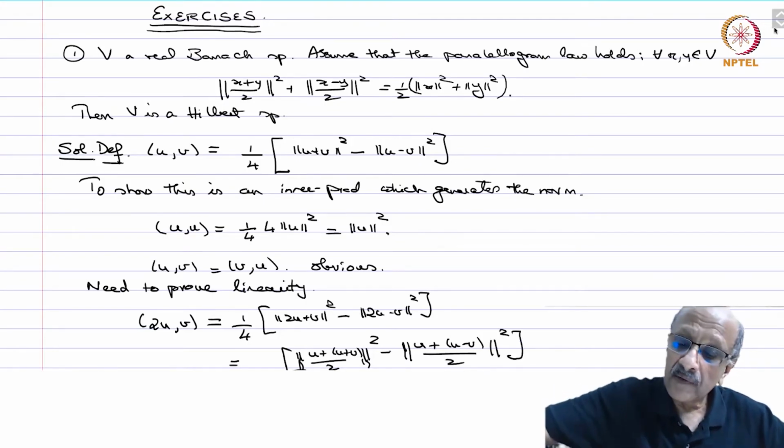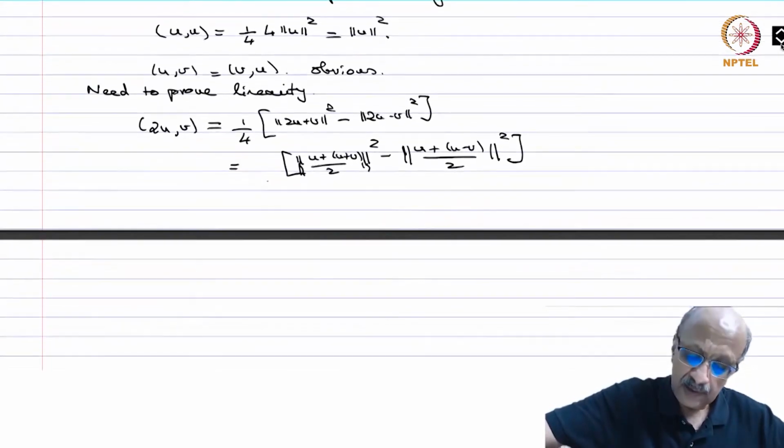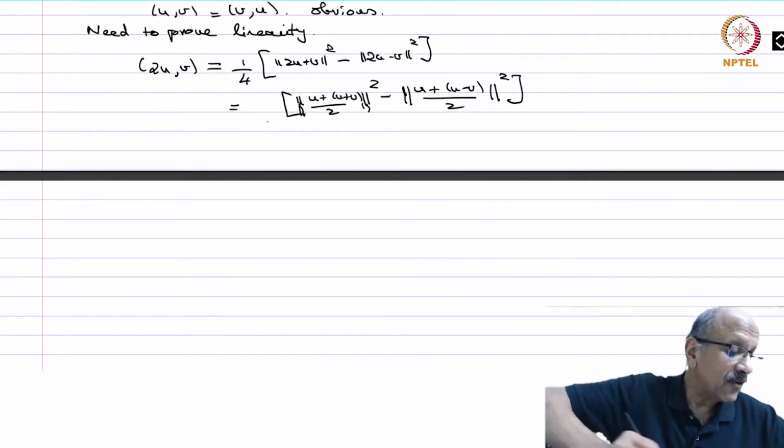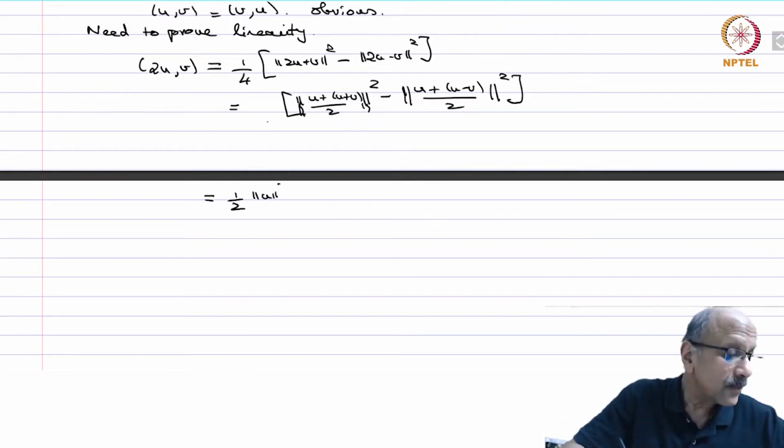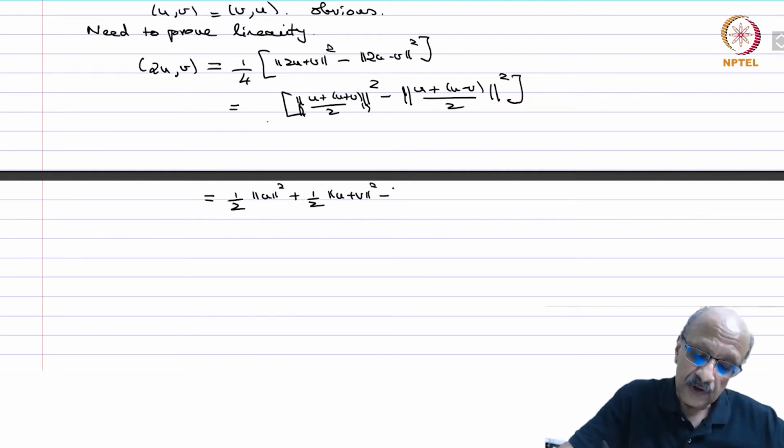So now we are in a position to use the parallelogram law, and therefore that's equal to 1/2 of norm u squared plus 1/2 norm u plus v whole squared minus the difference, which is u minus (u plus v), just v, so you have norm v squared by 4.